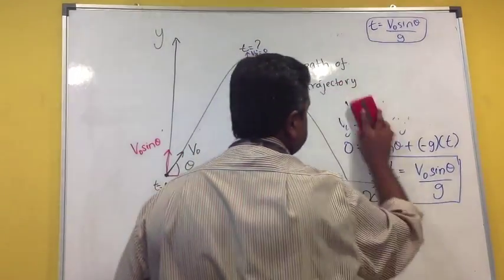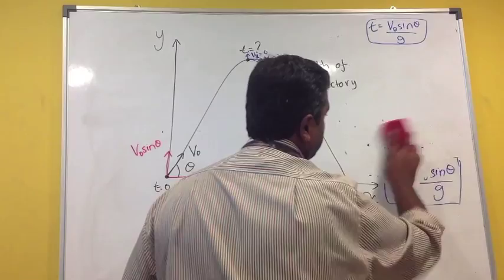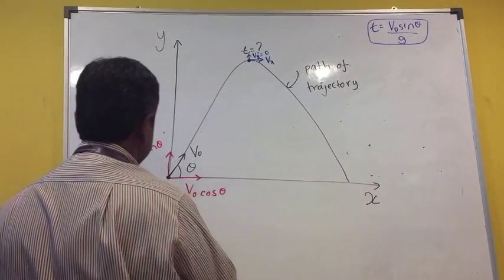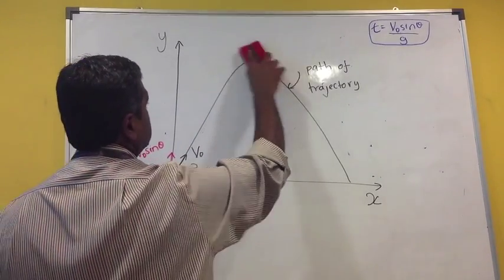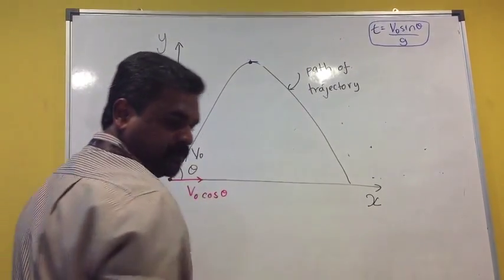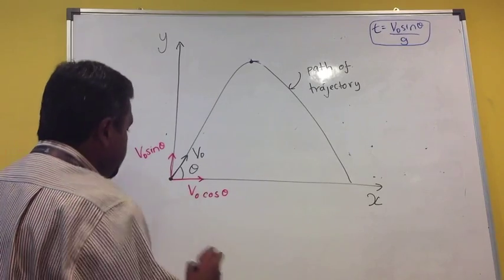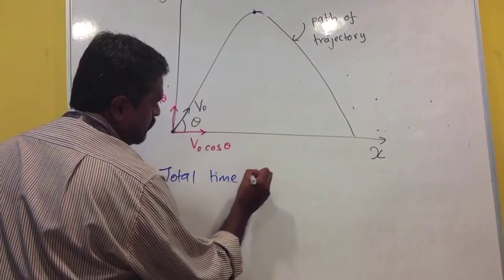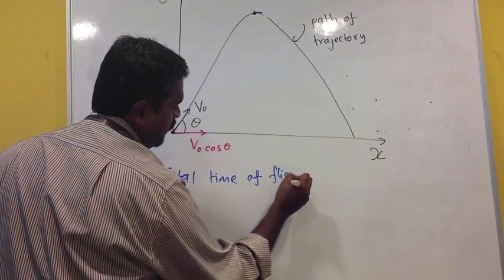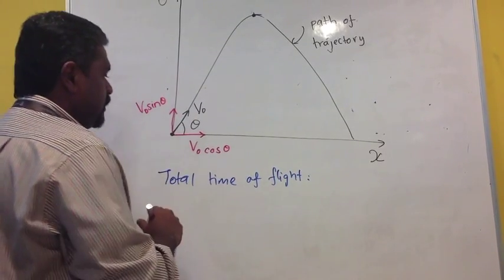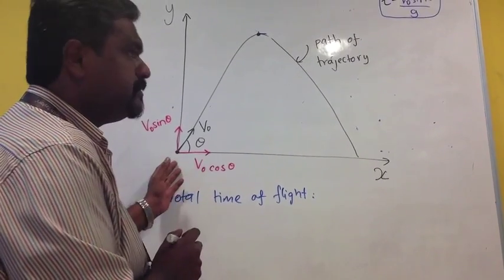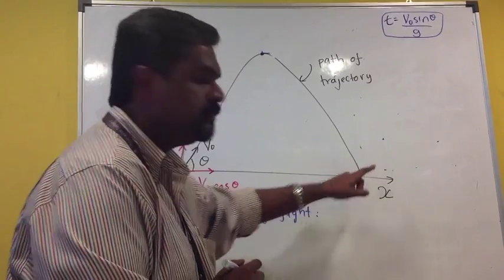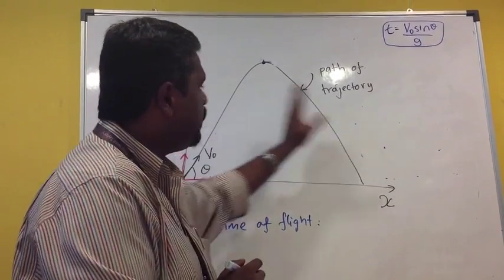The next part involves me finding the total time of flight. To find the total time of flight, I would think that this object would go up, reach its maximum height, and come down in the same period of time.